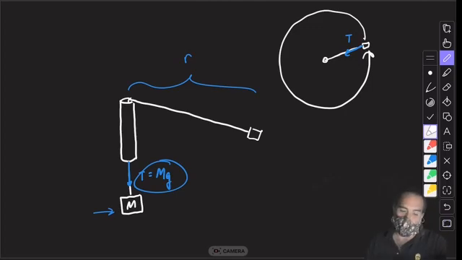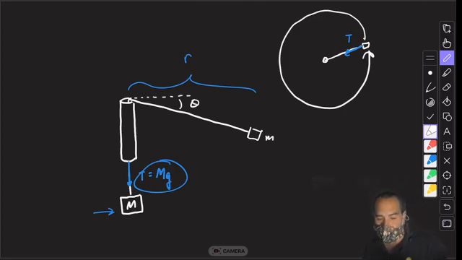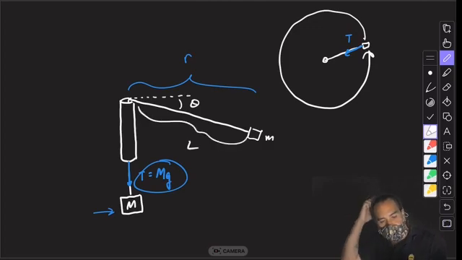So this cable must make an angle theta with the horizon. I would like an expression for the velocity of the object in terms of mg, little m, L, and theta.